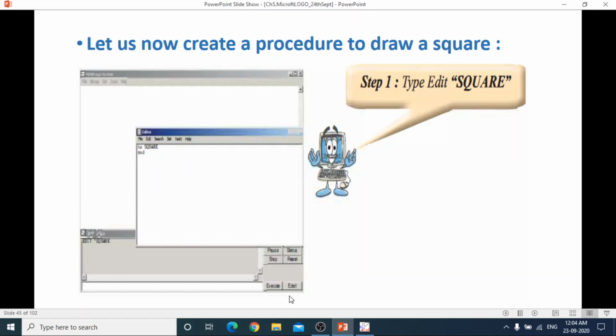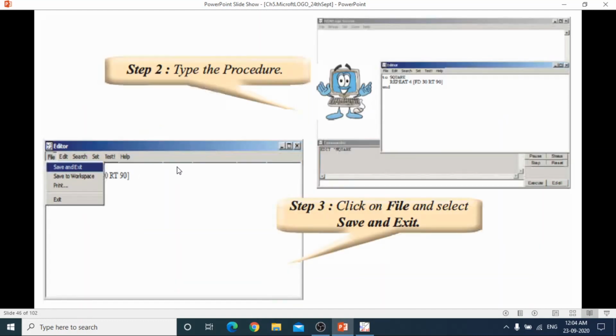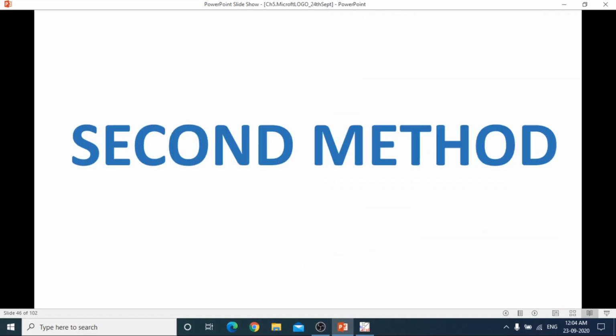For that, click on editor, edit. The editor is open. Here you can give a title to your procedure, and then write the repeat command that you want to execute in that procedure. Okay, and then save and exit.